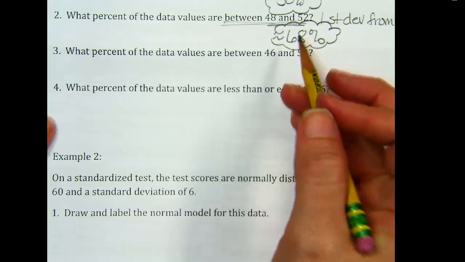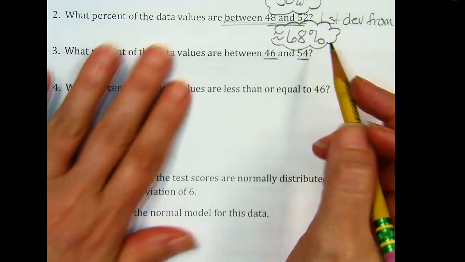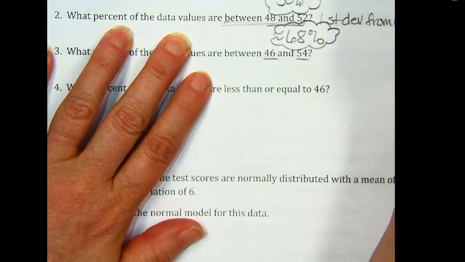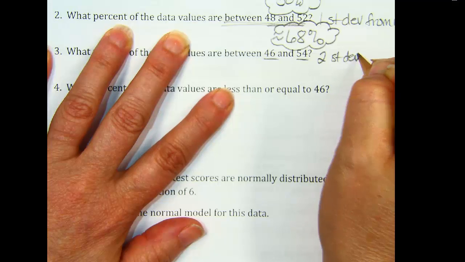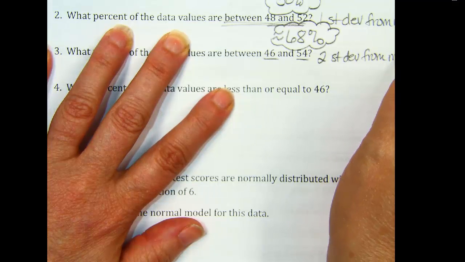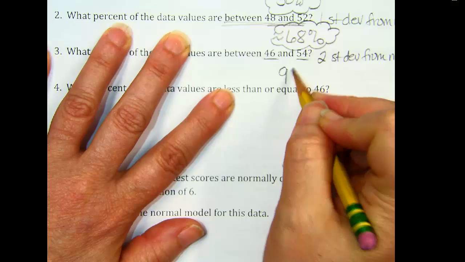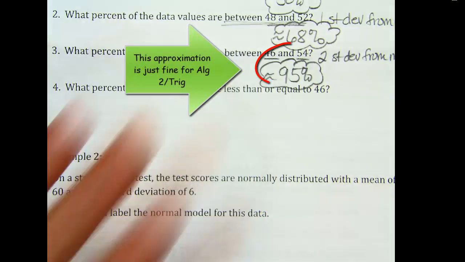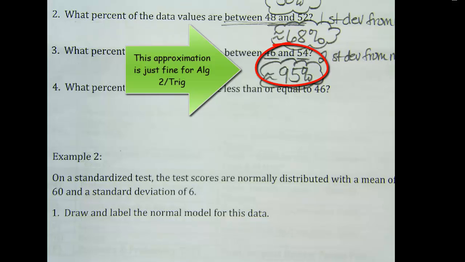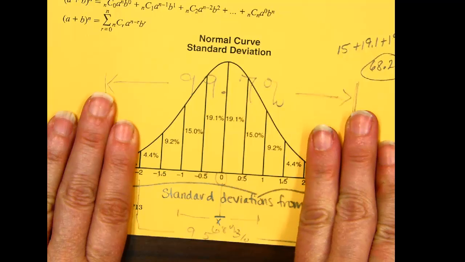So for number 3, what percent of the data values are between 46 and 54? Well, I go back and look at my normal curve, and I notice that those are 2 standard deviations from the mean. My 68, 95, 99.7 rule says that that's approximately 95%. Again, that's just fine for us. But again, if you really want to use your Regents reference sheet, you can add up all those percentages within 2 standard deviations of the mean.